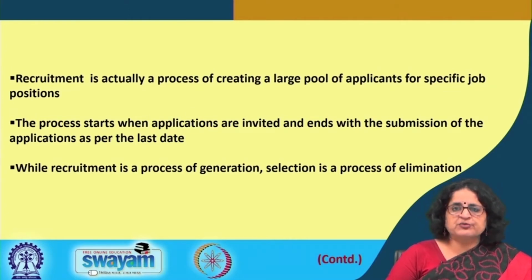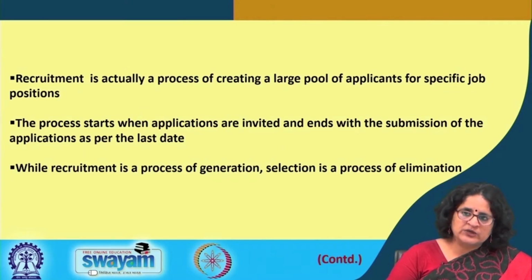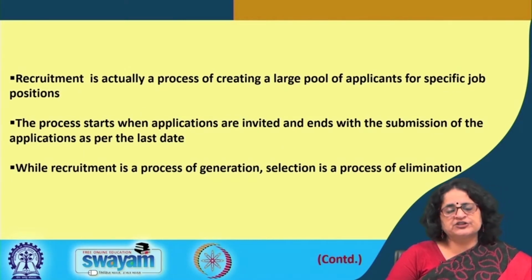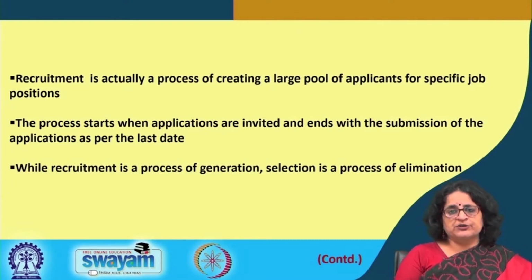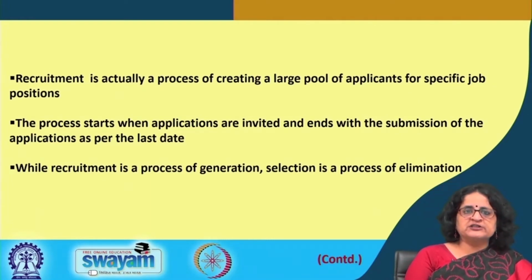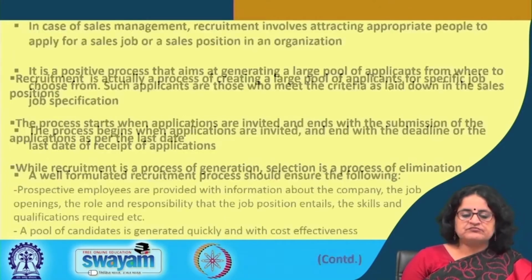So, selection is a process of elimination of undesirable or unworthy applicants. It is selecting the best possible person for a particular position. So, while recruitment is a process of generation, selection is a process of elimination.